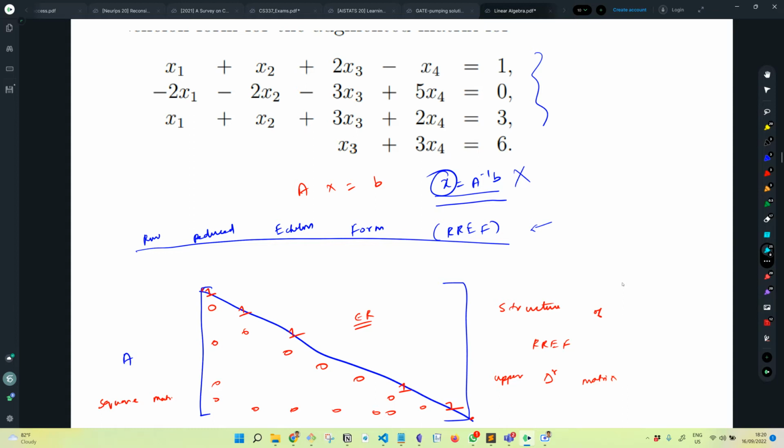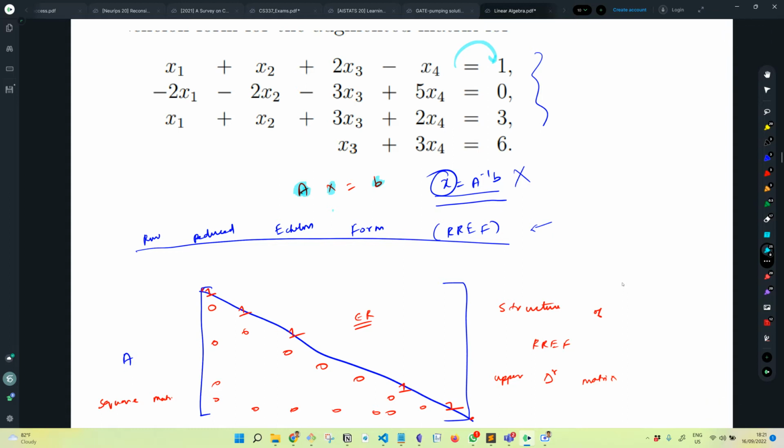Last class, we saw how to represent the system of linear equations in a matrix format. We put the coefficients of the unknowns in the matrix A in the order that we have in x. So we fix the order in x, and in that order we fill the coefficients in the matrix A. Then we take all the constants to the right hand side and fill the matrix B. I hope you recall, this is what we did in the last class.